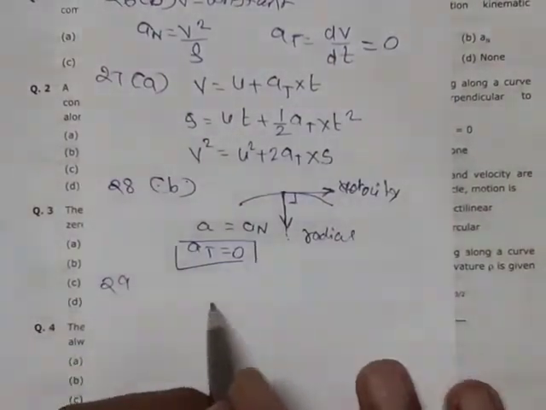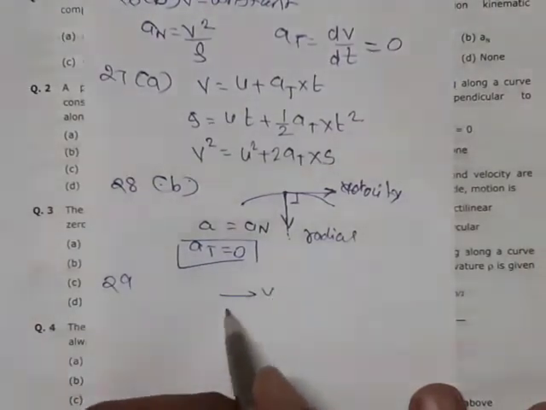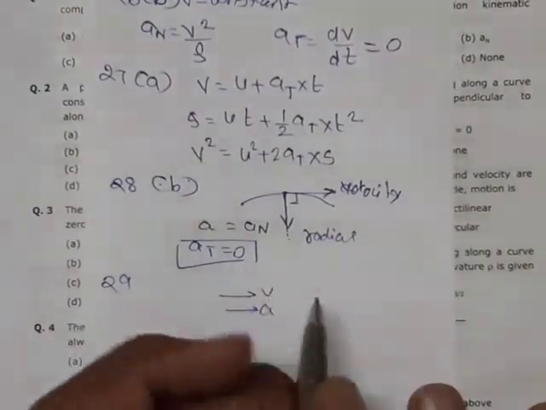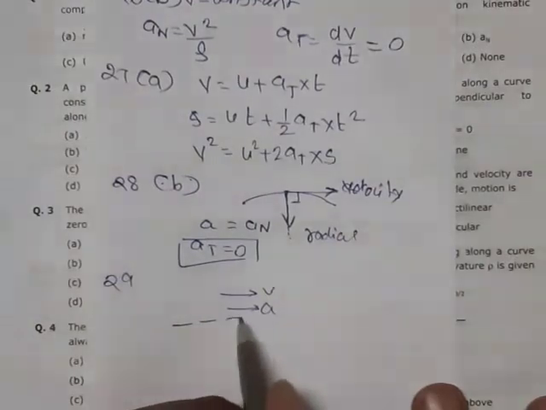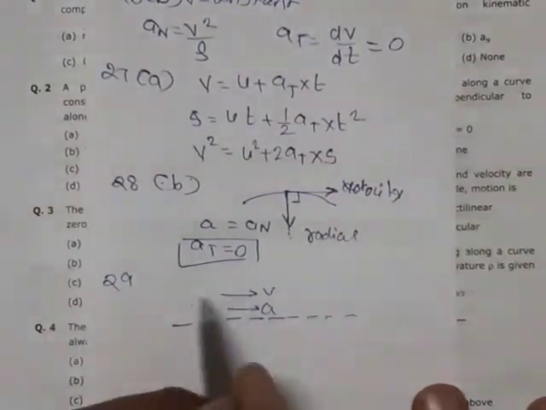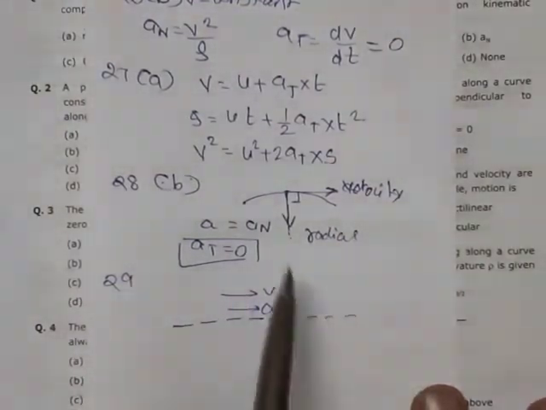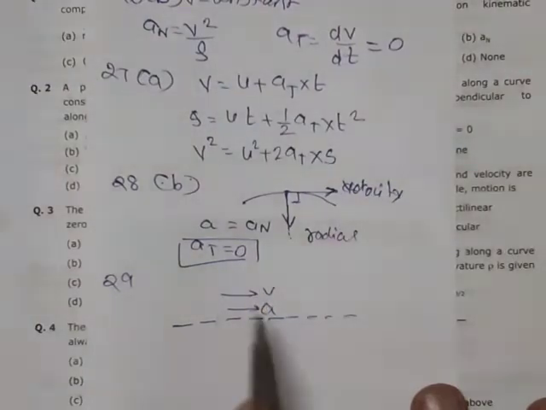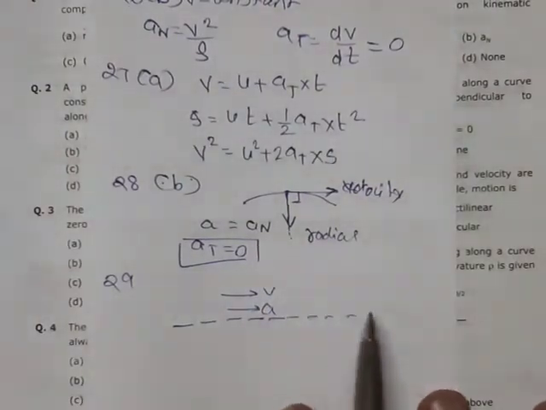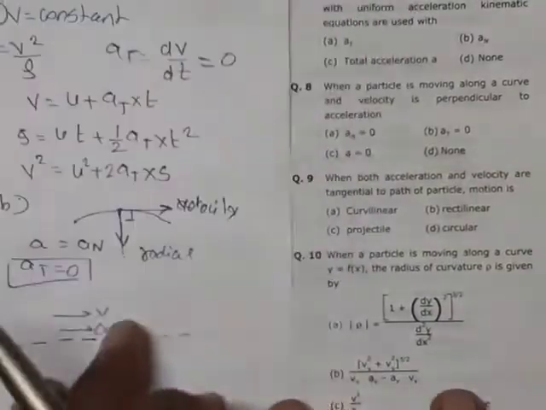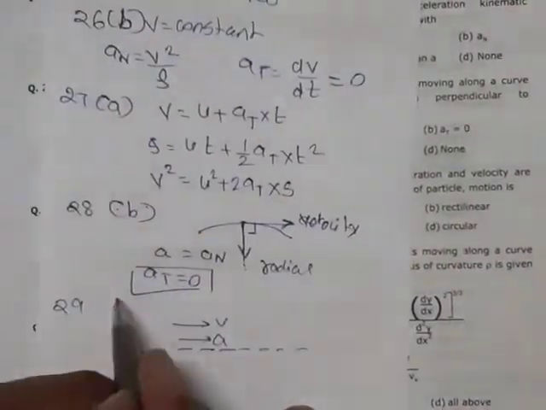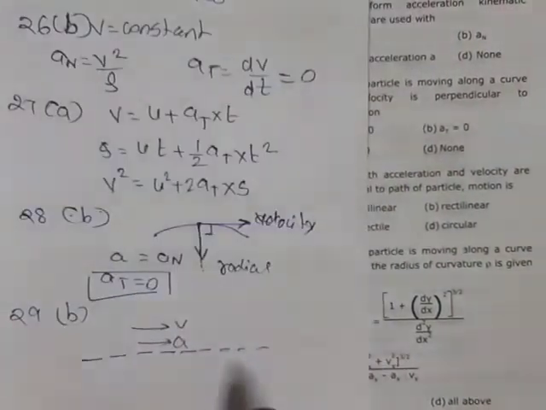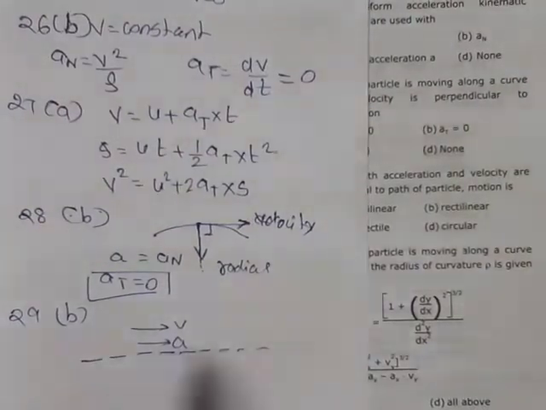If both velocity and acceleration are along the same direction, it occurs only when the particle is moving along a straight line, because only then will velocity and acceleration keep maintaining the same direction. So for question 9, our correct answer is option B. When the particle is moving in rectilinear motion, along a straight line, only then is this option correct.